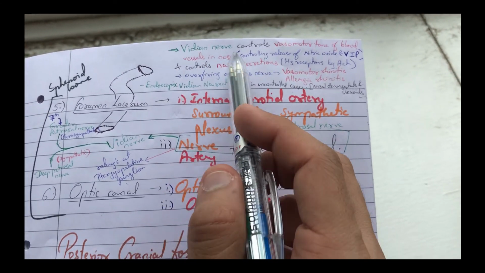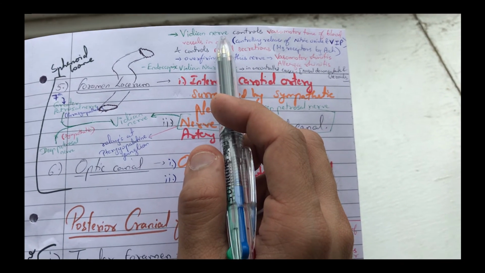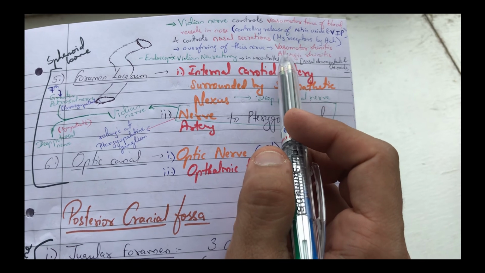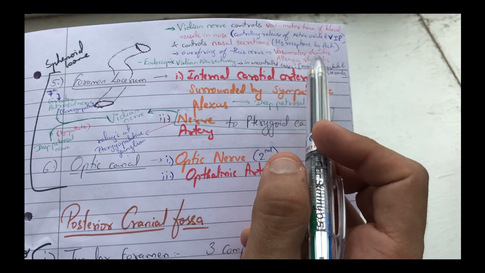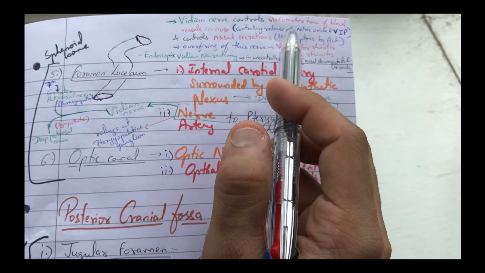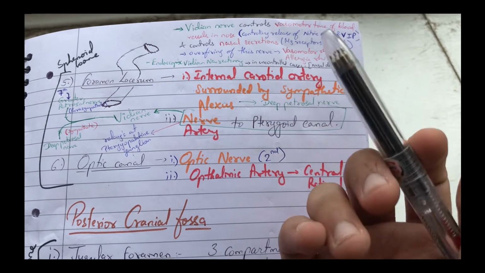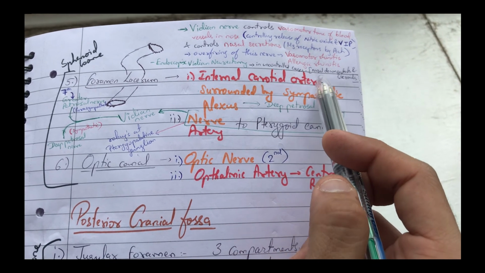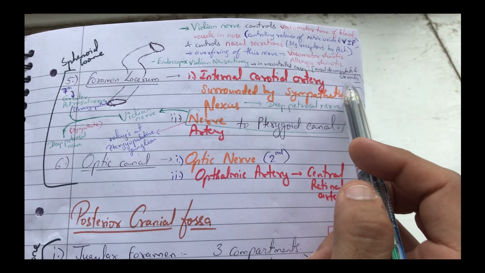Now this plays a very important role in the pathogenesis of a condition called vasomotor rhinitis, or rhinitis secondary to allergic rhinitis. Well, many people have this condition, even I have this. So most of the time it is controlled by nasal decongestant drops or steroids.